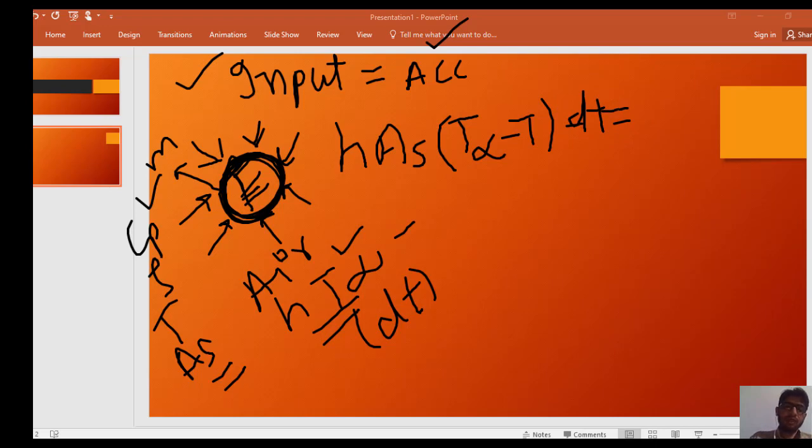The heat entering the system increases the temperature of the system, which is equal to m Cp dT: the mass of the system, the specific heat of the copper, and the temperature change dT. So we will simplify this relation further.